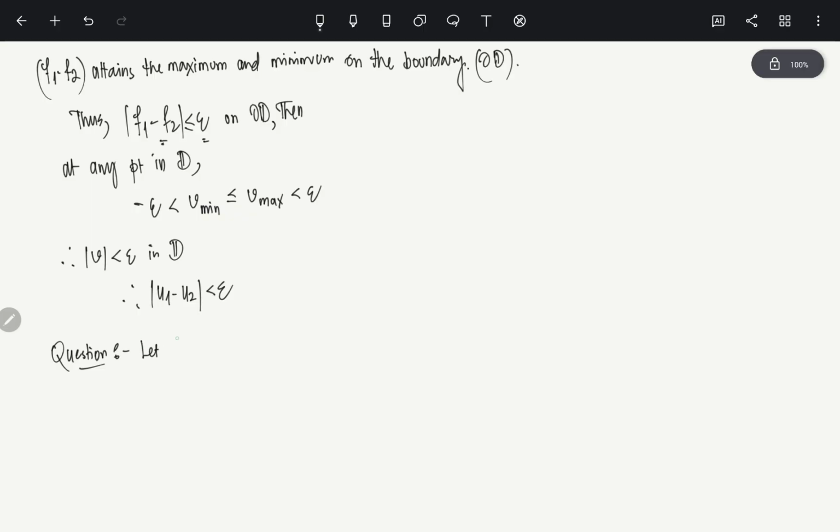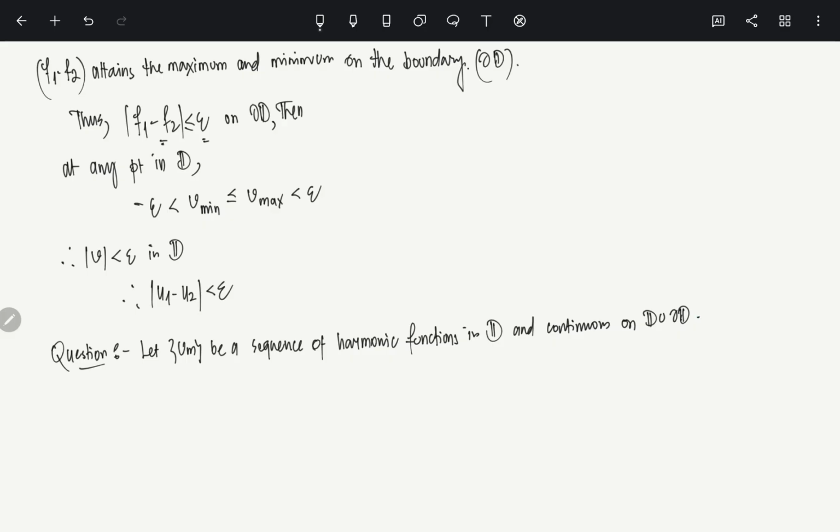Let u_i be a sequence of harmonic functions in the domain D, continuous on D union the boundary of D. Let f_i be the values of u_i on the boundary. So if you restrict u_i to the boundary, that is going to be the function f_i.